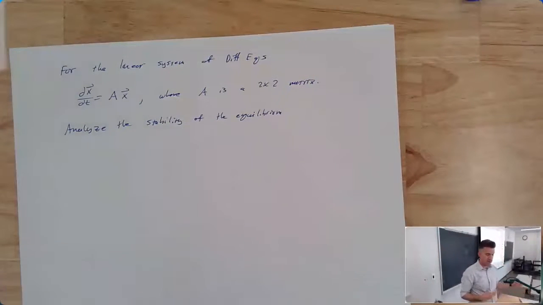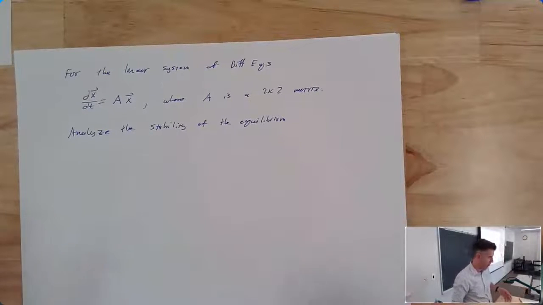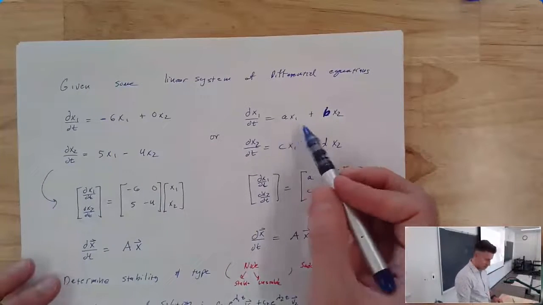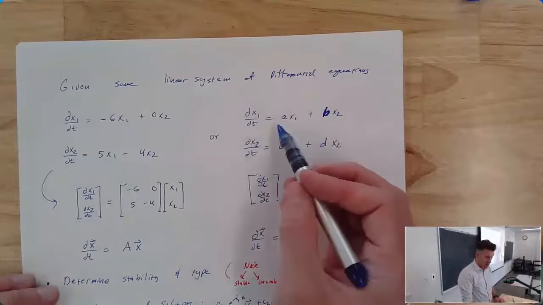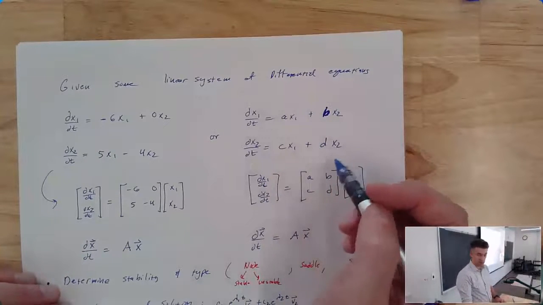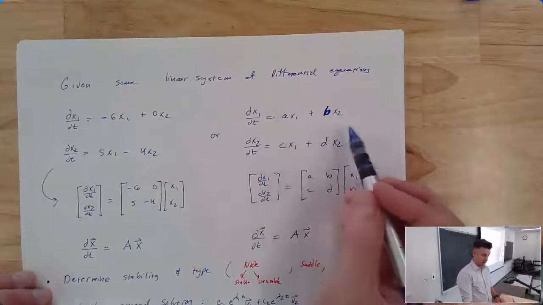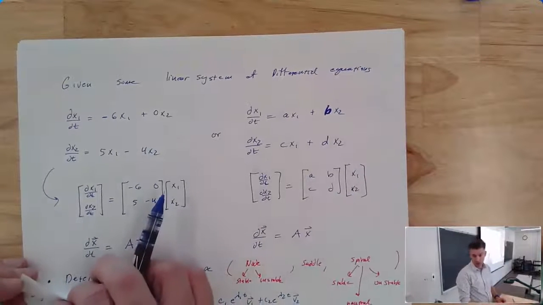So we're just talking about classifying systems of linear differential equations and seeing how to classify the equilibrium. I was just pointing out to everyone that if you look back at this general linear system of differential equations, the only way that both these equations are going to equal 0 at the same time is if x1 and x2 are both equal to 0, which is the origin.